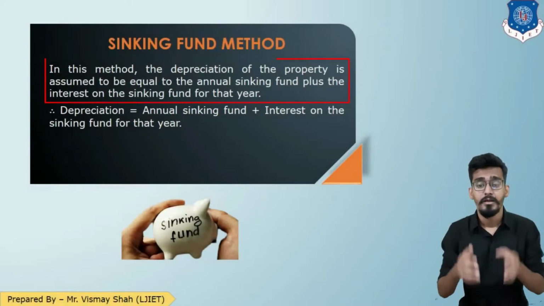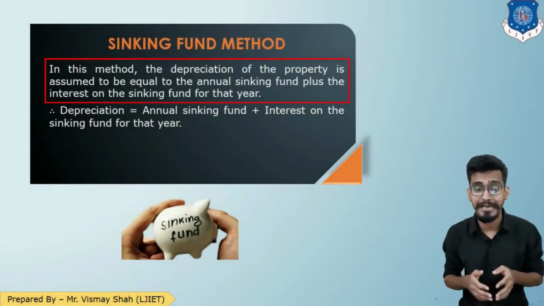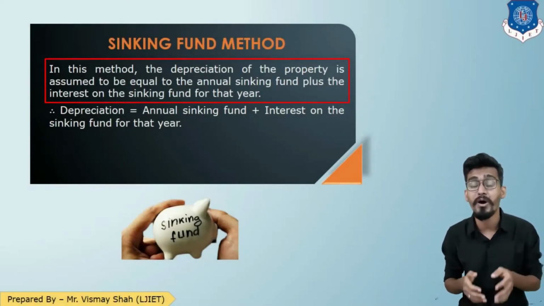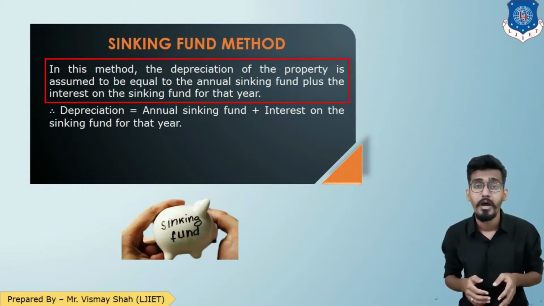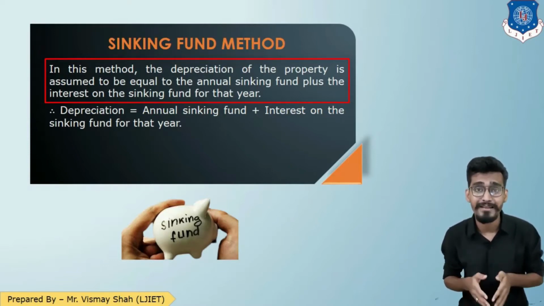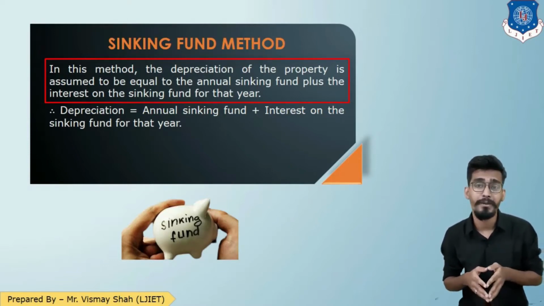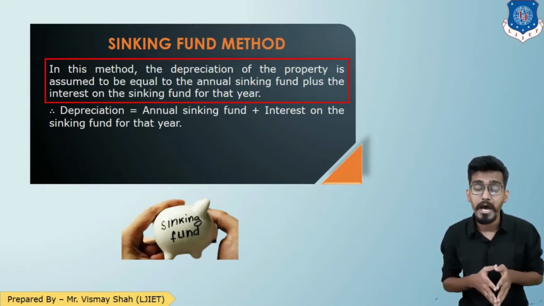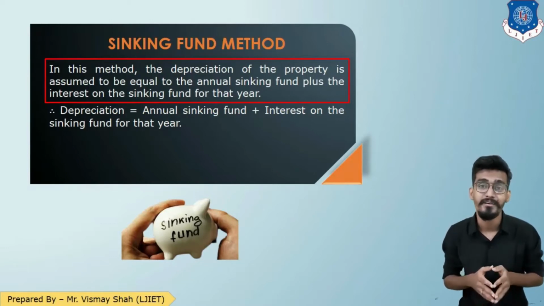In this method, the depreciation of the property or the building is assumed to be equal to the annual sinking fund plus the interest on that sinking fund for that year.